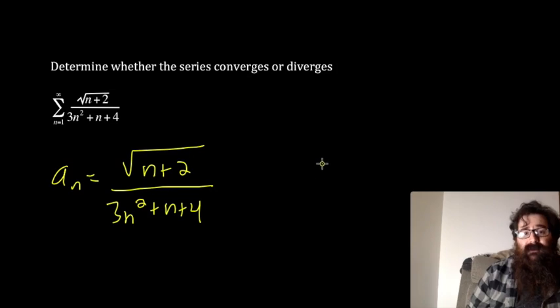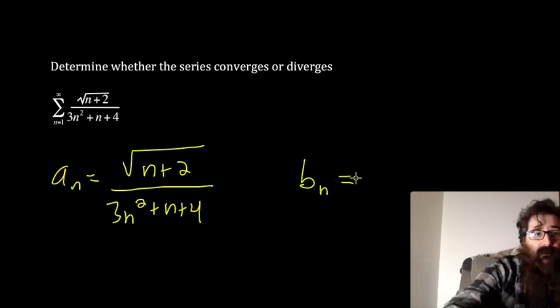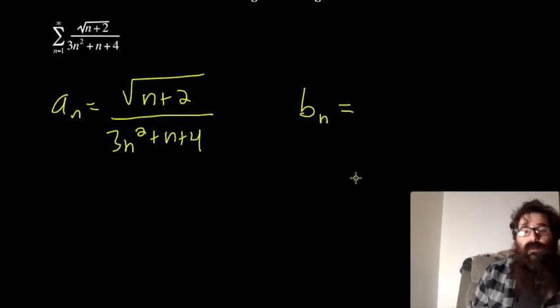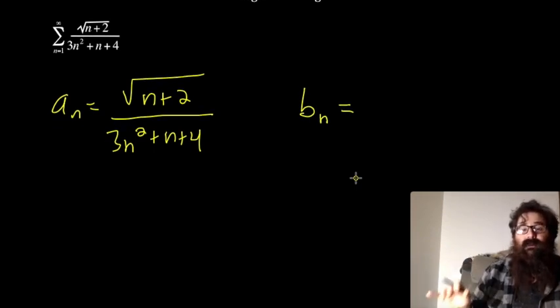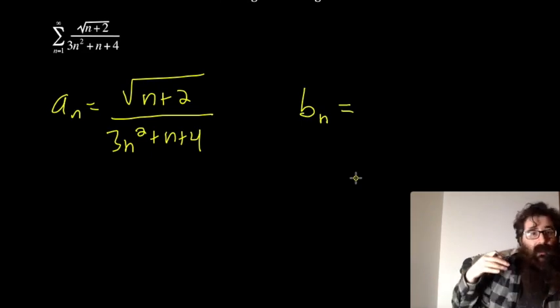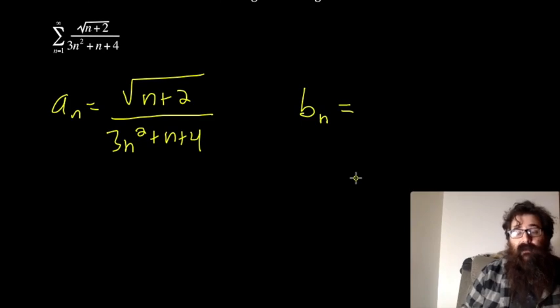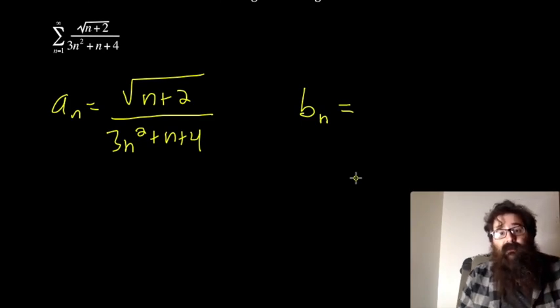Now for building this comparison series, b sub n, for building its generating term to start, what matters are leading terms, leading behaviors. Coefficients and constants that we're adding don't really make a difference. What matters is going to be the leading term.